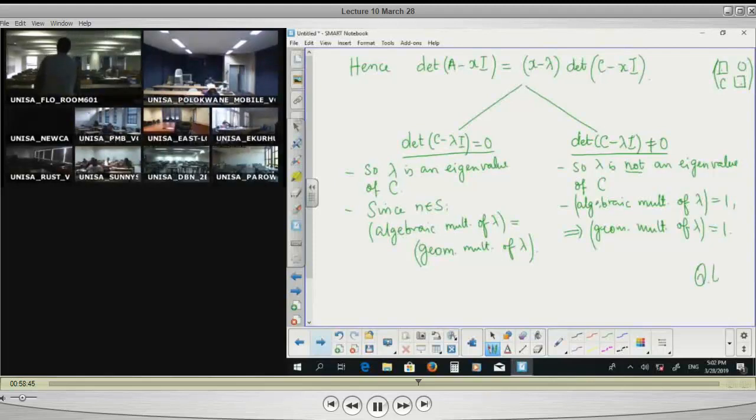So what's the scenario? If I have a real symmetric matrix, then all its eigenvalues are real, and all its eigenvalues have the same algebraic and geometric multiplicities.